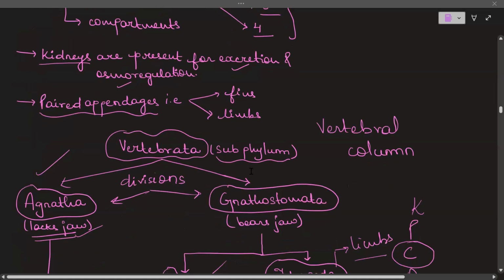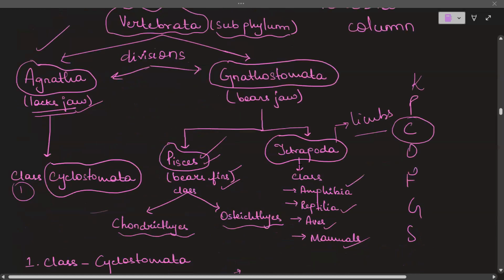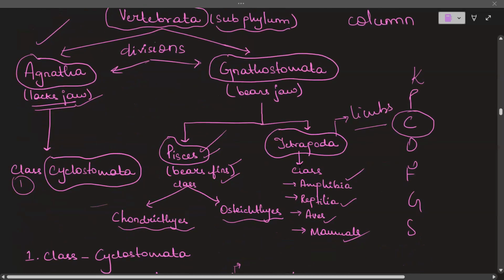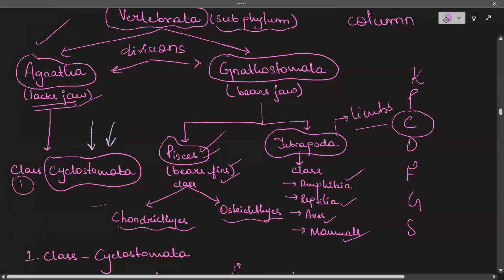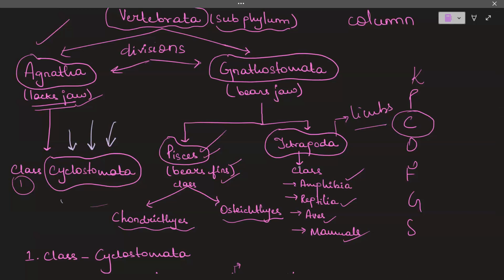All right. So moving forward, see, the divisions that are there, meaning the agnatha and the gnathostomata. Let us see what all classes come under this. Under agnatha, there comes cyclostomata. The word cyclo means circular and stoma means mouth, so those organisms that have a circular mouth.